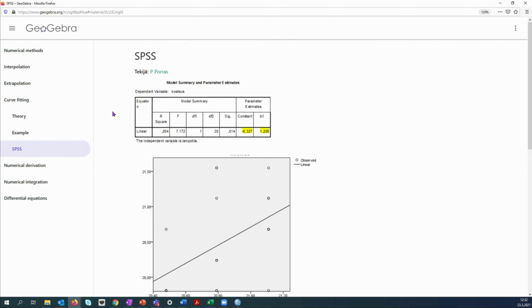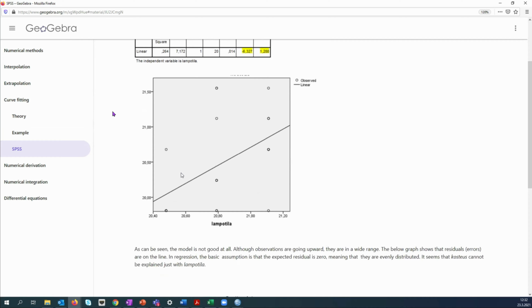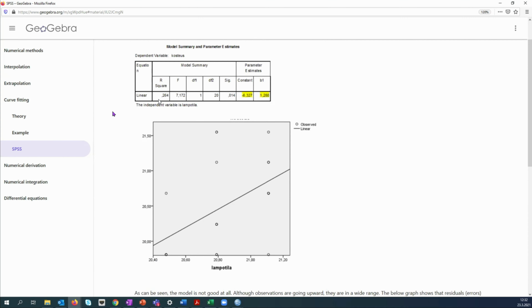When this one was studied with SPSS, you see the R score is quite low. So it definitely tells us that this approximation function is not good for this case at all.